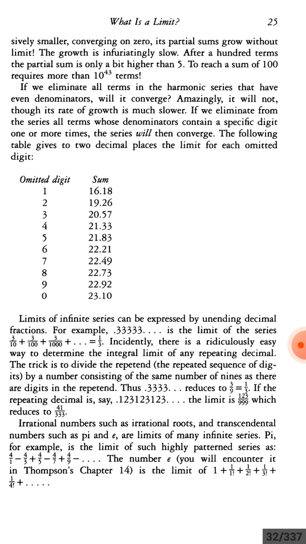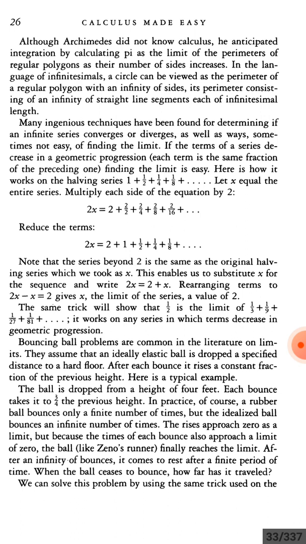Pi, for example, is the limit of such highly patterned series as 4/1 - 4/3 + 4/5 - 4/7 + 4/9 - and so on. The number e, which you will encounter in Thompson's chapter 14, is the limit of 1 + 1/1! + 1/2! + 1/3! + 1/4! + and so on.